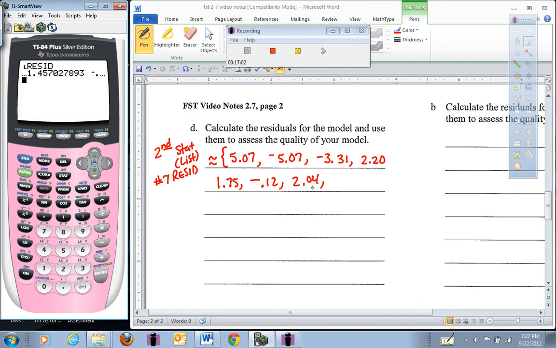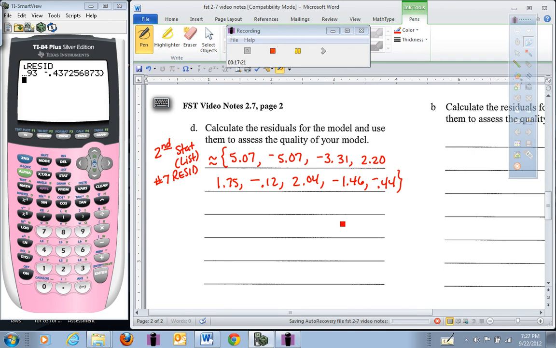Then we have, there's a negative there, yes, negative 1.46. And the last one is at negative 0.44. Okay, so 1, 2, 3, 4, 5, 6, 7, 8, 9. We've got all 9 of the residuals. So that's an easy, quick way if you want to get all of the residuals.